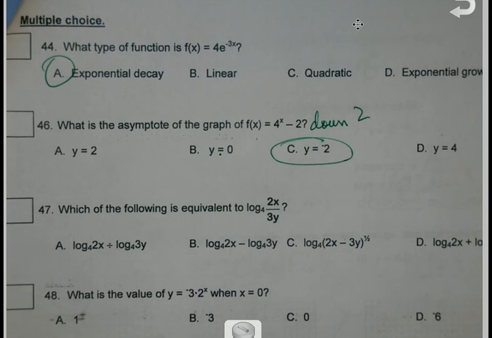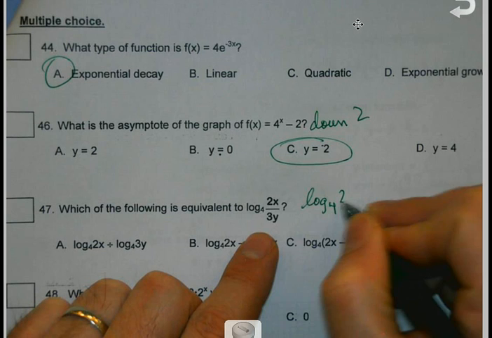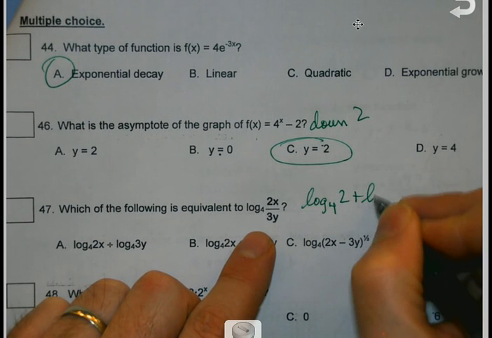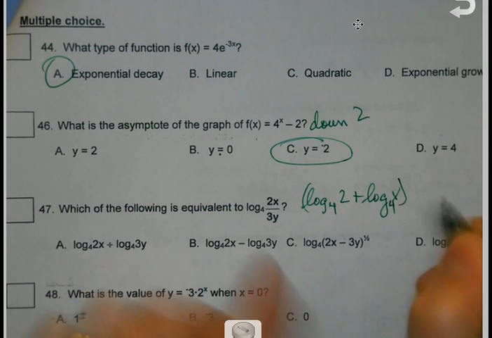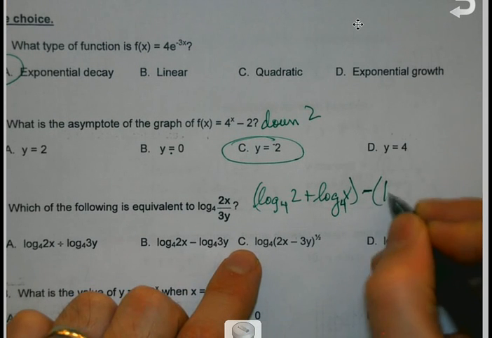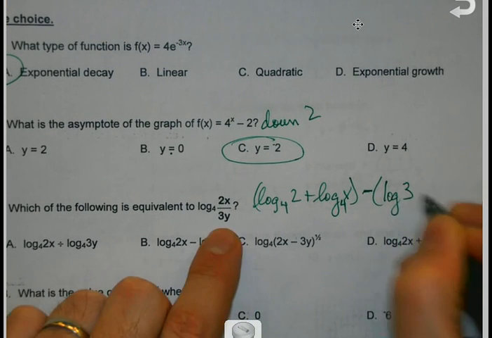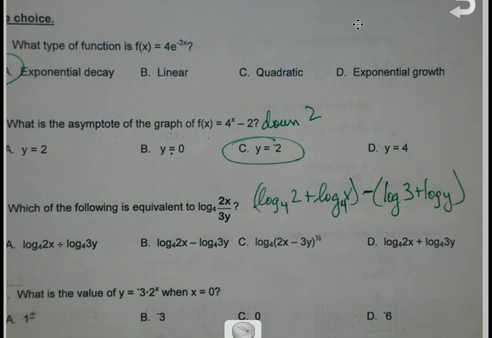Okay, which of the following is equivalent? Basically, it's asking us to expand. So the times here becomes plus. And then minus for the division. And again, the times down here becomes plus.